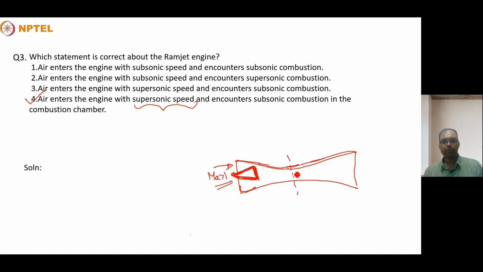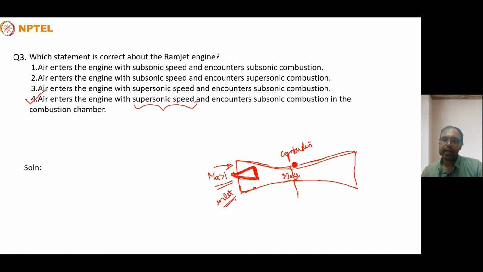And while reaching the lowermost point of the area before the combustion, at the most converged, the choke area, the area with the least value, its Mach number will become less than 1 and it undergoes combustion.